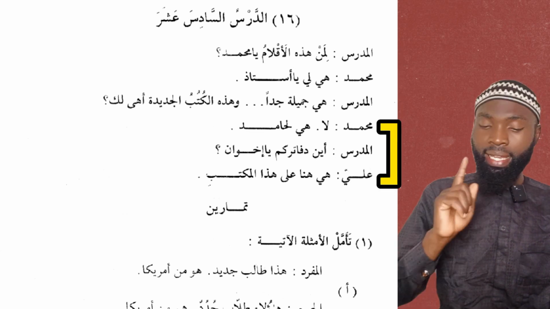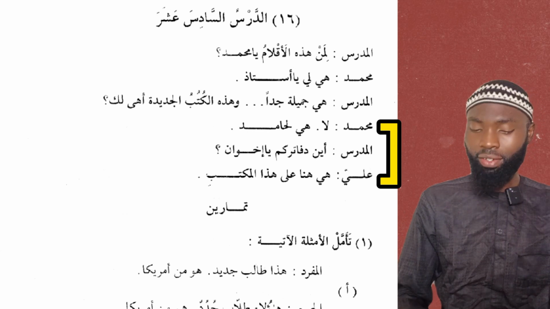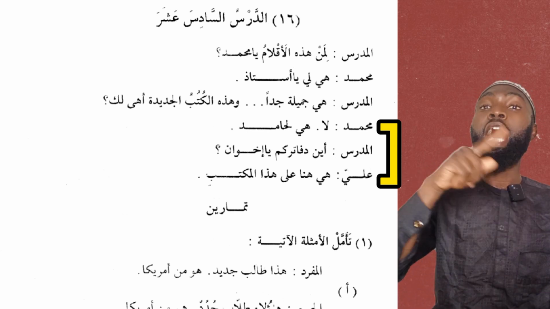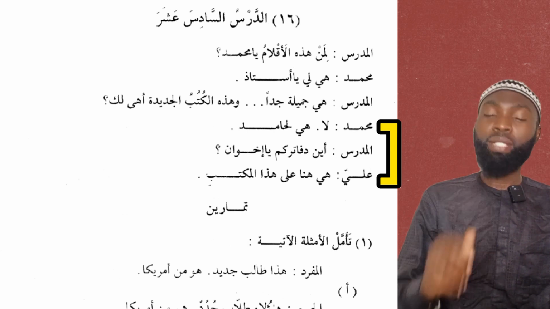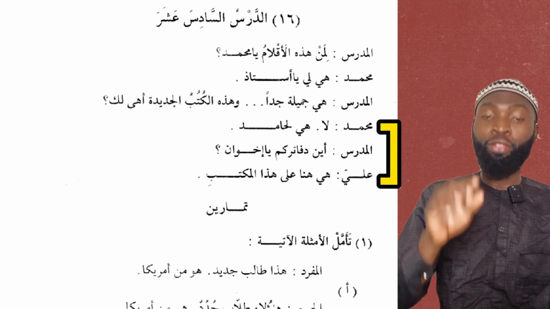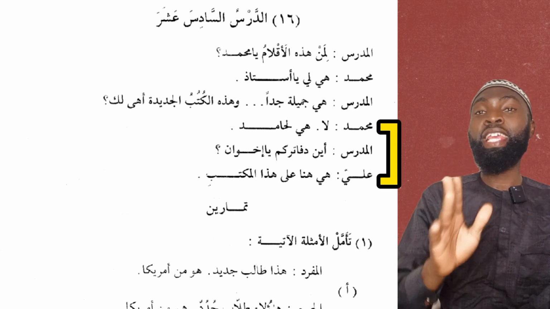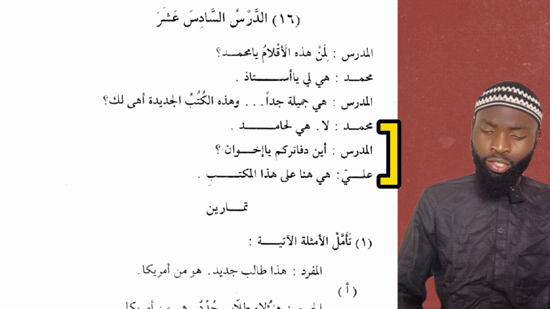Muhammad says, La, no, hiya li Hamidin, they are for Hamid. Al-Mudarris went further to say, Aina dafatirukum ya ikhwan? Where are your books, your notebooks, O brothers? Aliyun said, Hiya huna, they are here, ala hadha al-maktabi, on this table. So hiya is used for irrational plural nouns.